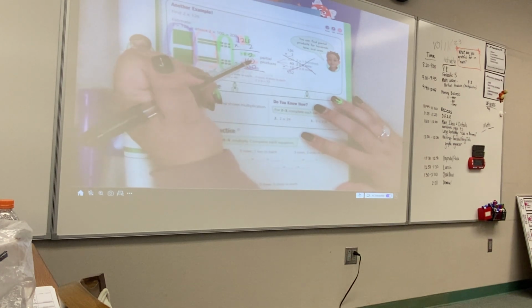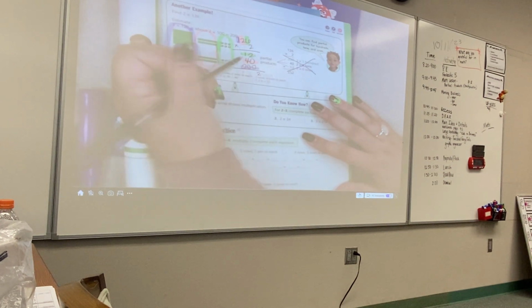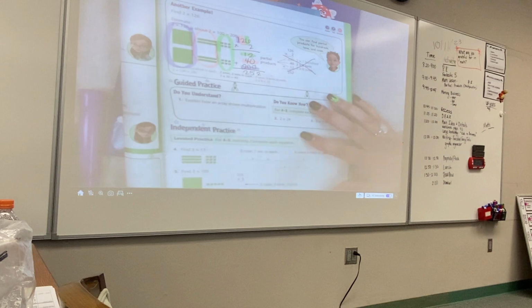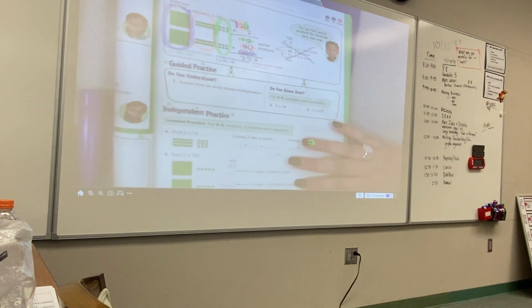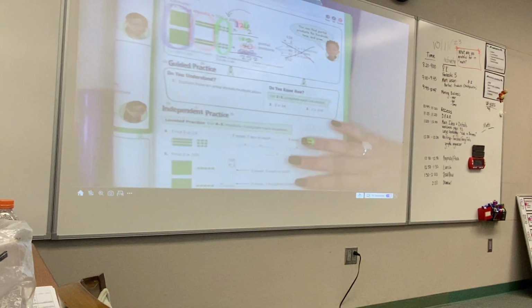So 2 plus 0 is 2. 4 plus 1, 5. And then there's nothing else that you would add the 2 to, so you would just bring that down. So our answer is 252. Is that close to the estimate that the book gave us of 200? Yes.